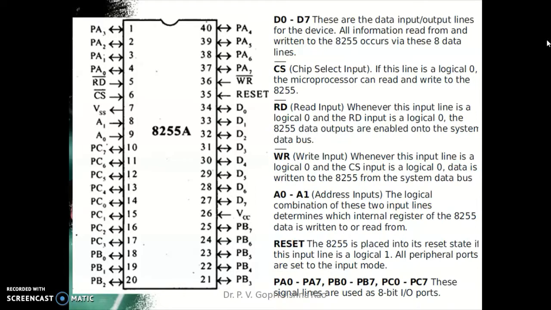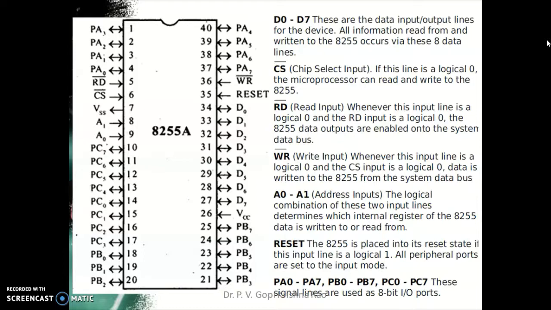WR bar, write, is also an active low signal. Whenever this signal goes low, it is an indication from the microprocessor to the 8255 that it wants to write some information to the peripheral device. Let us say a display: you want to display some information from the microprocessor.